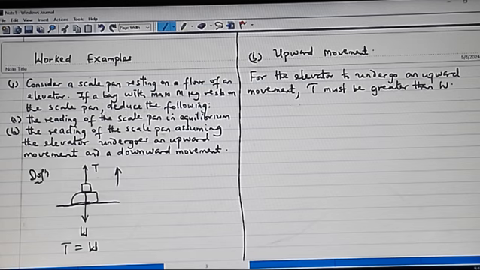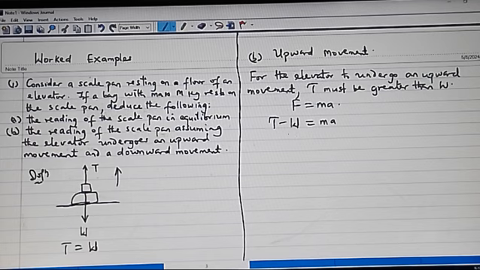And we know ordinarily that force is equal to mass times acceleration. So if T is greater than the weight, then the total force will be T minus the weight, which is equal to mass times acceleration. That will be our equation.